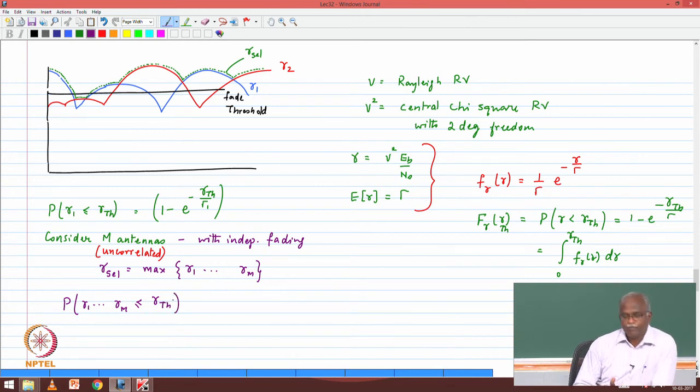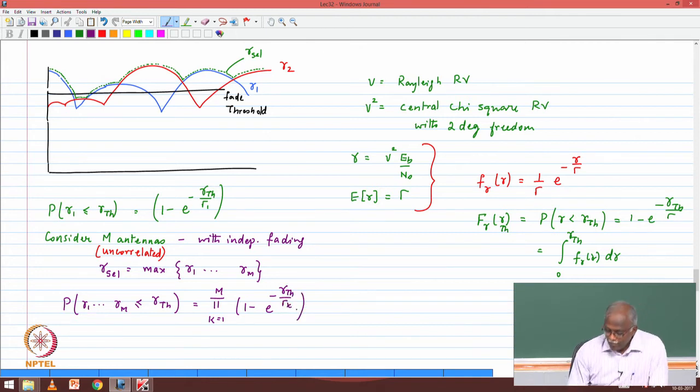That's like saying the maximum is less than the threshold. That's equivalent to saying all of the antennas are less than the gamma threshold. Because they are independent, it becomes the product over k equal to 1 through M of 1 minus e power minus gamma threshold by Gamma k, where Gamma k is the average SNR of that particular antenna.